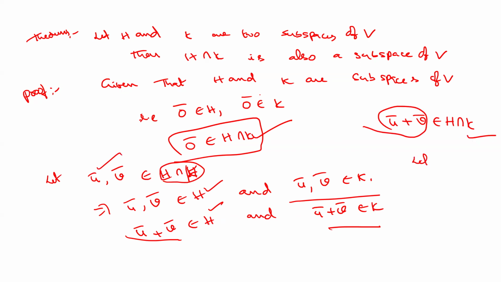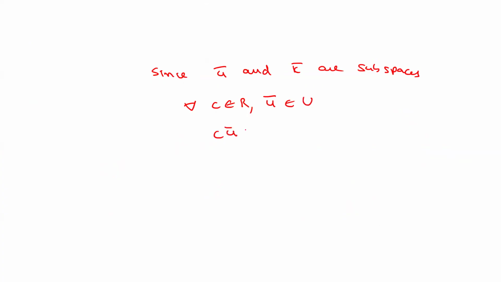Like that, let us take a scalar c belonging to R. u belongs to H intersection K. That means u belongs to H and u belongs to K. Since H and K are subspaces, for every c belonging to R, c·u belongs to H, and c·u belongs to K. Why?